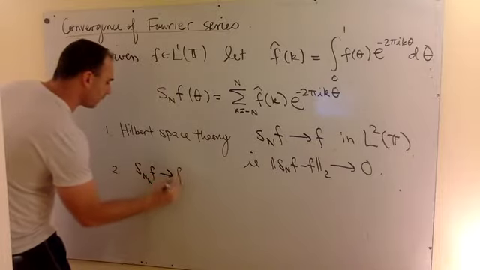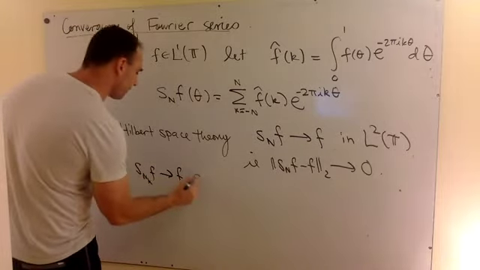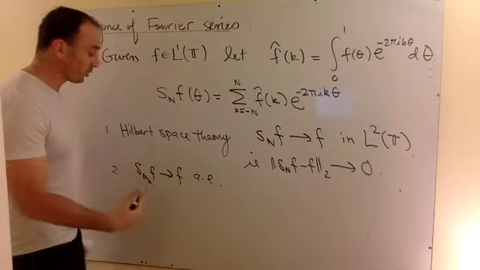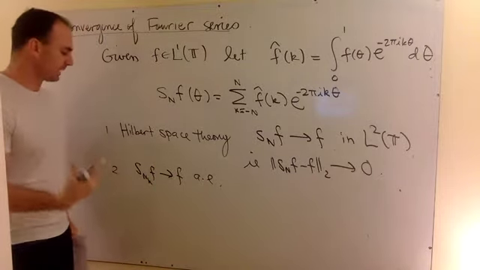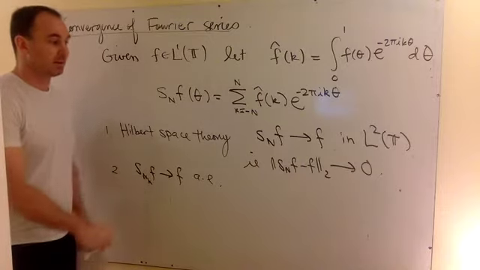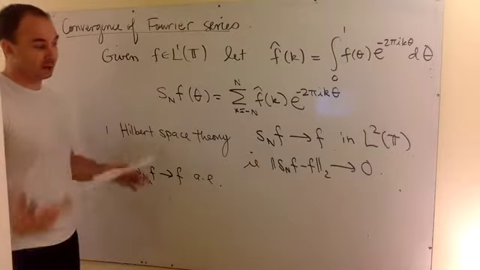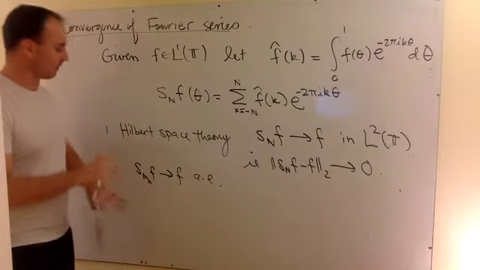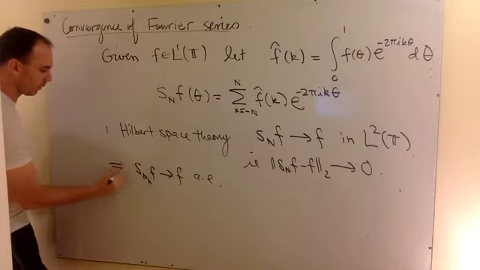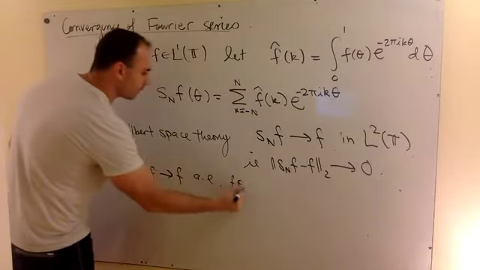All right, but getting the whole sequence is actually an extremely deep thing. If you can remove that little subscript k there, that is what's known as Carleson's theorem, and it's a very, very deep thing. Sorry, this is a corollary of this. This is f in L2.